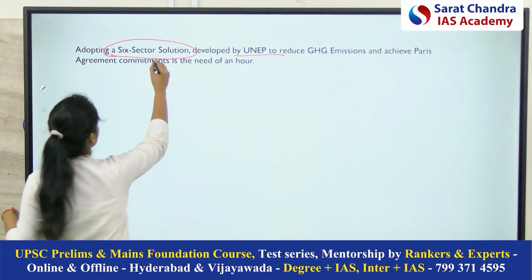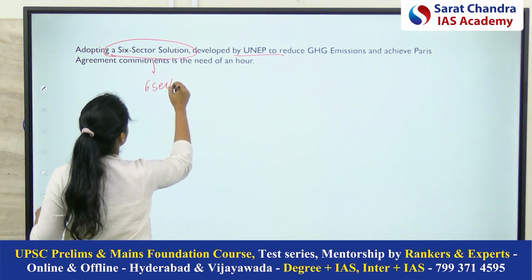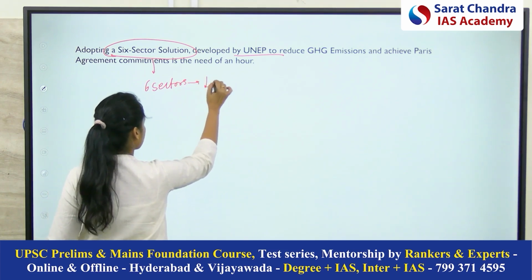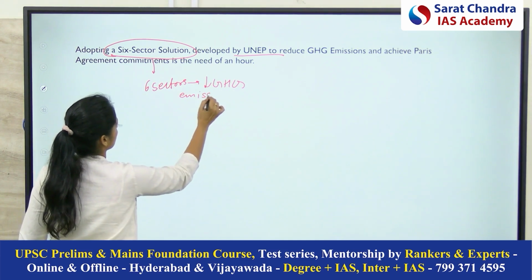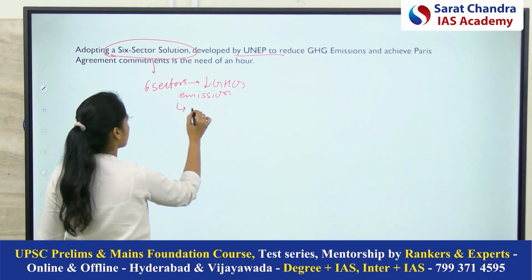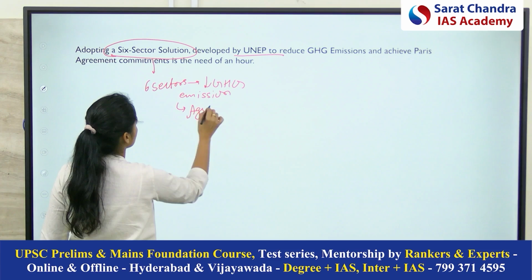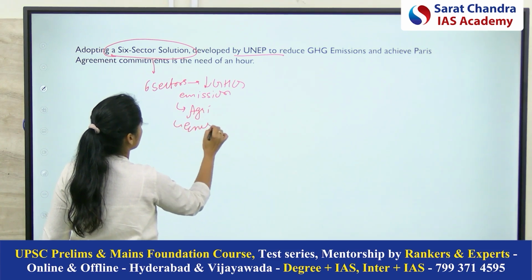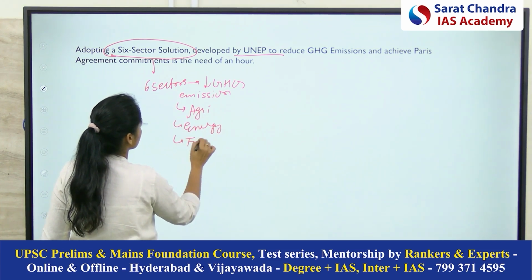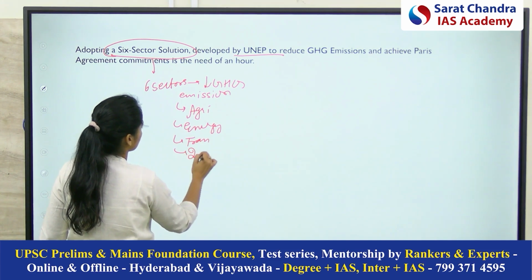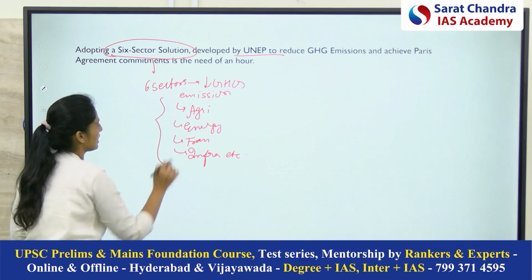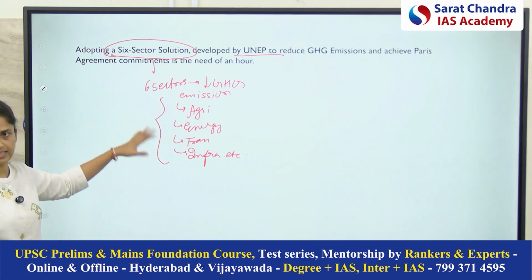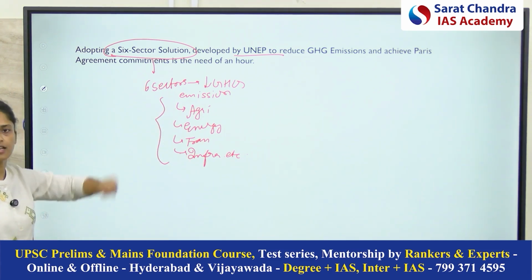What is the 6-sector solution? It has quoted 6 sectors where you have to reduce the greenhouse gas emissions. Those sectors include the agricultural sector, the energy sector, the transportation sector, the infrastructure sector, etc. So if you deal with the greenhouse gas emissions in these 6 sectors, you can easily tackle the effect of climate change.